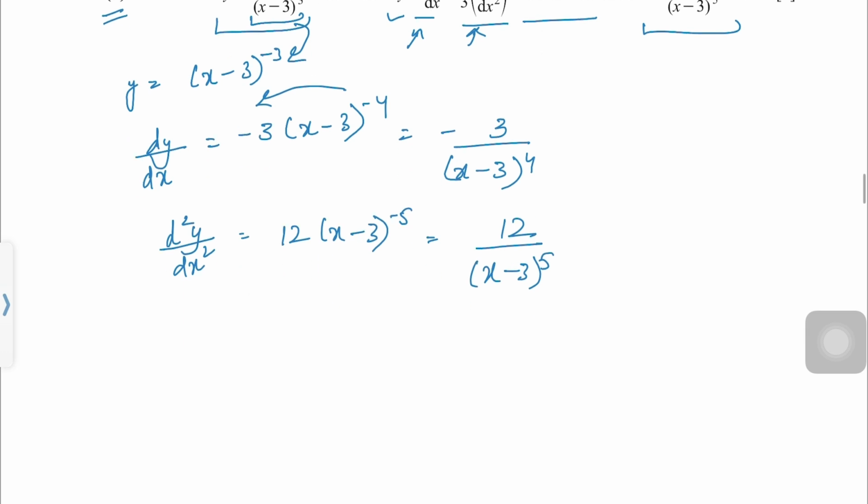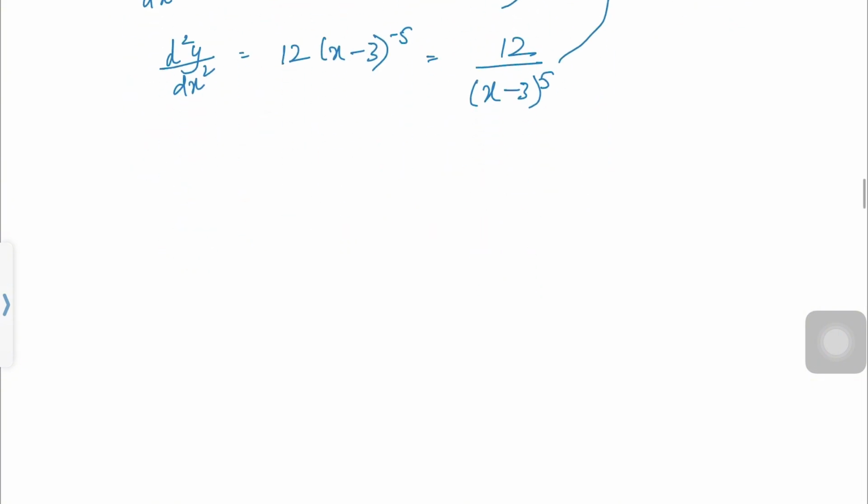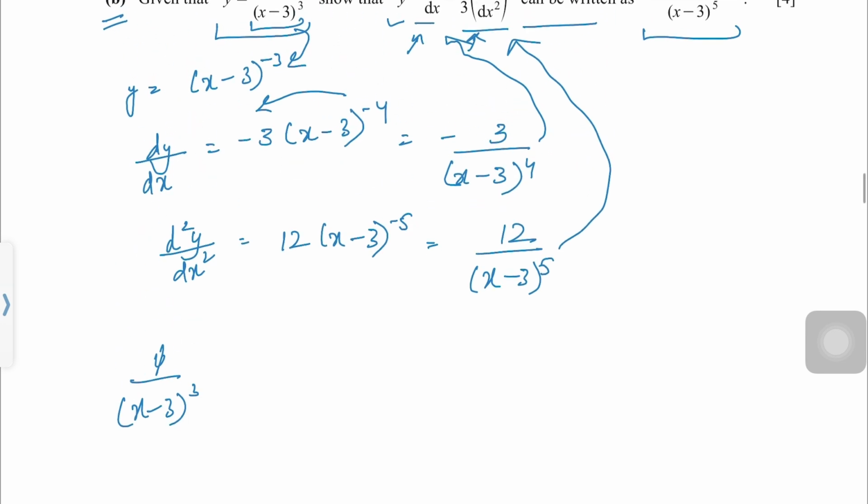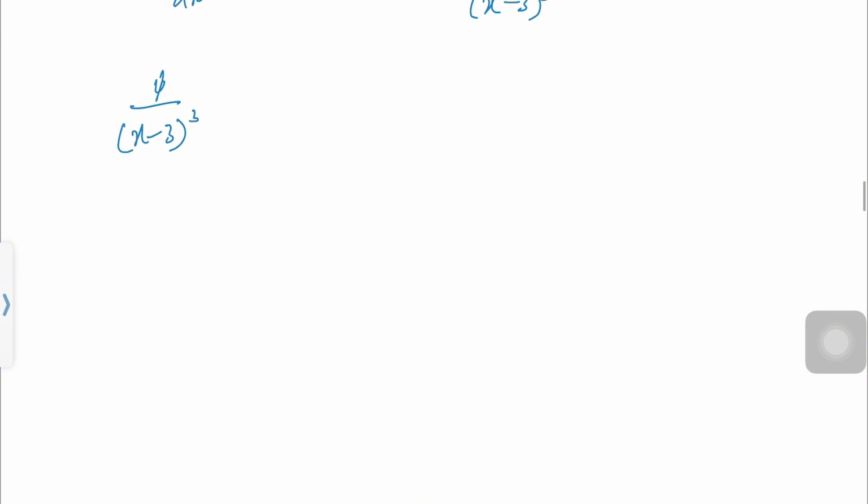Now let's substitute each and everything here. This would be substituted here and this would be substituted here. So y is 1 over (x minus 3) whole cubed. This y would be substituted here: 1 over (x minus 3) whole cubed plus 3 over (x minus 3) to the power 4.